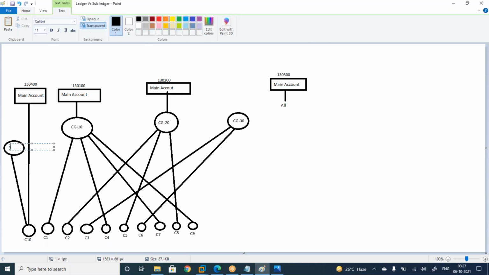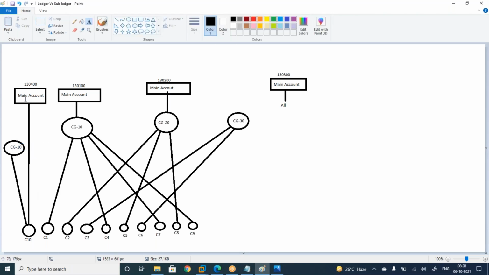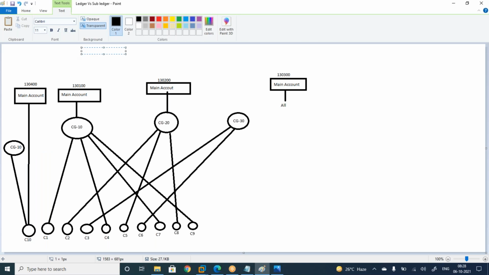It will look at, suppose, customer group 10. But even though 10 is there, we have mapped this account directly. So the first priority is table level mapping. If it is not there, it will check for group level mapping. If it is not there, it will check for all.